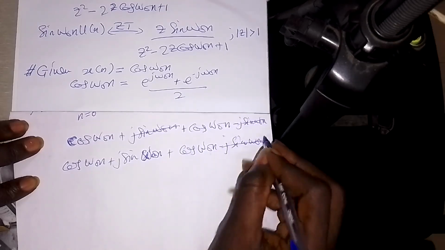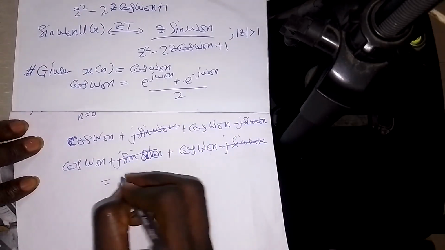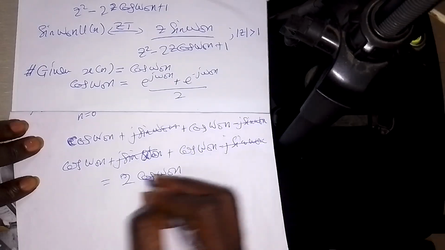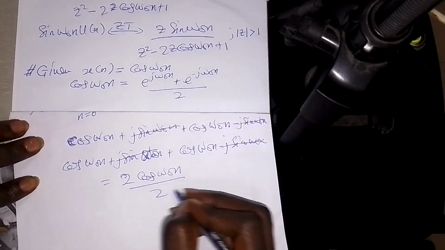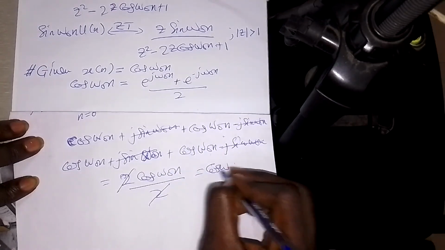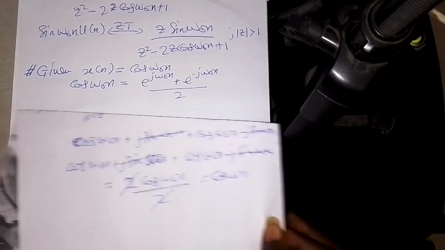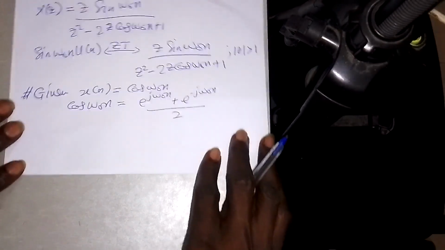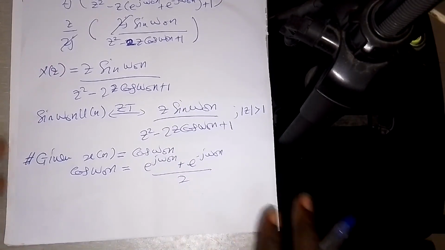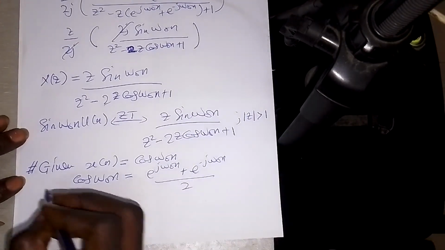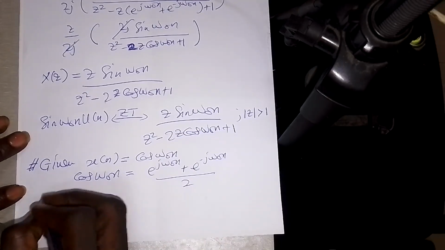So this one and this one will cancel each other. You have 2 cos omega naught n. If you have 2 here, then you must divide by 2 so that it cancels out, and you get cos omega naught n. So I think it's supposed to be over 2 here.